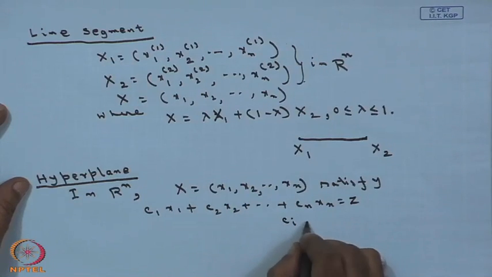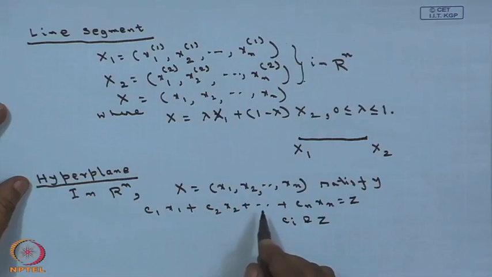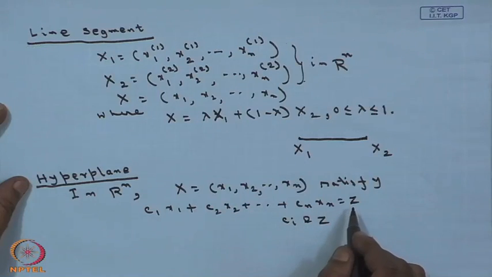So, basically if some values of Ci and z are given, then C1 x1 plus C2 x2 plus ... plus Cn xn equals z will represent one hyperplane.